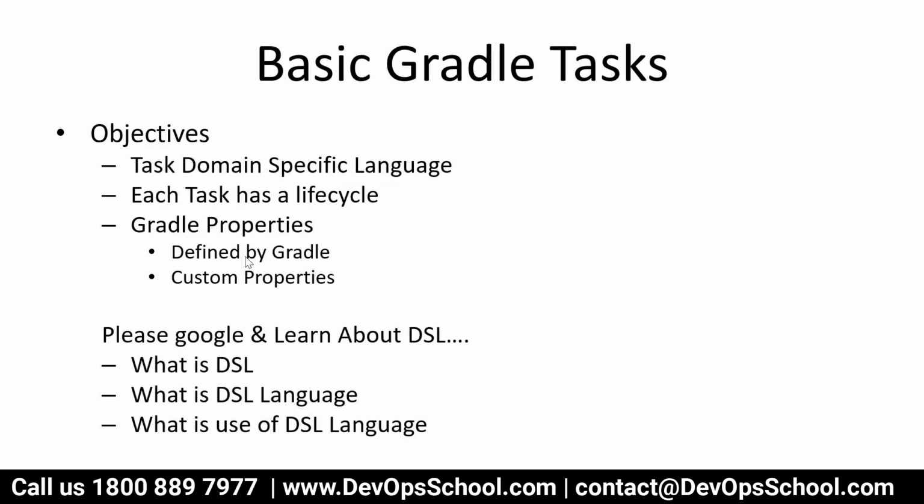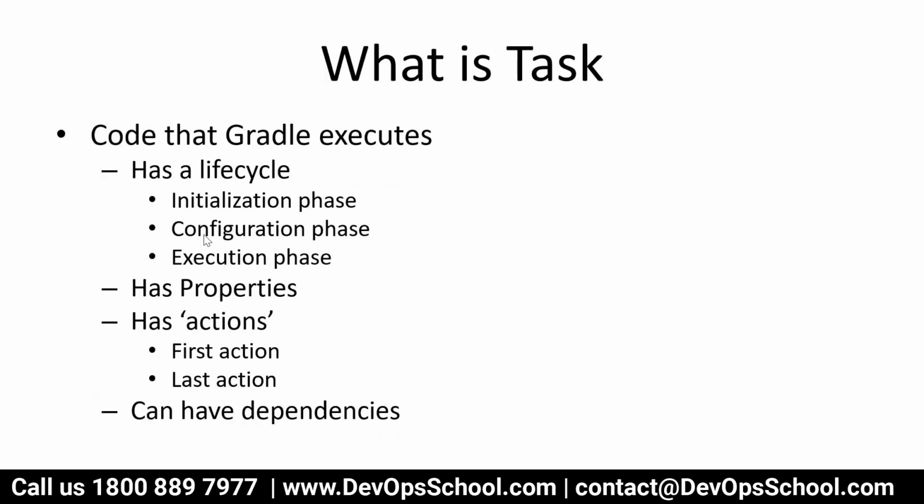In Gradle, you have defined properties also, built-in properties and custom properties. Now what is a task? It is code that Gradle executes, which has a life cycle: initialization, configuration, and execution. A task may have properties and also have actions, first action and last action.